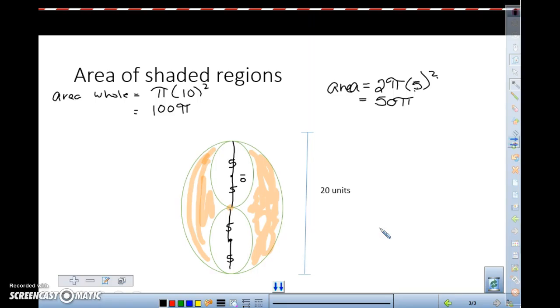So remember we started out with that full circle and I threw away these two smaller circles. So we need to do a subtraction problem. 100 minus 50. So 50 pi.